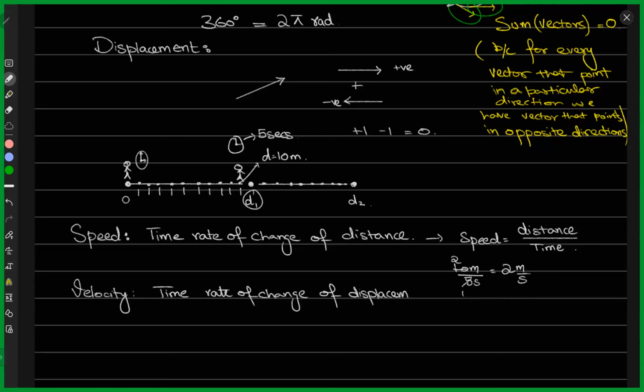When you look at how fast the displacement changes, you are also concerned with how fast the direction changes. That's when you're talking about something called velocity. So velocity is defined as the time rate of change of displacement.